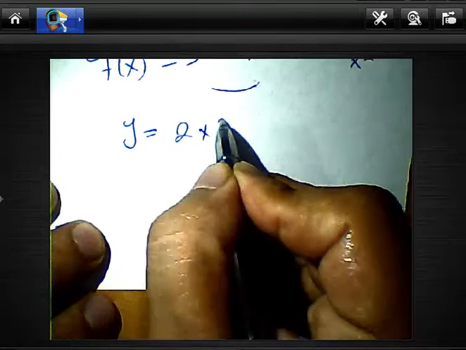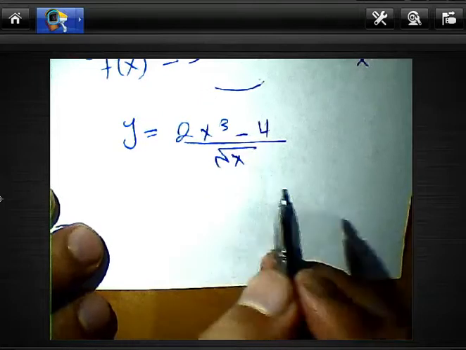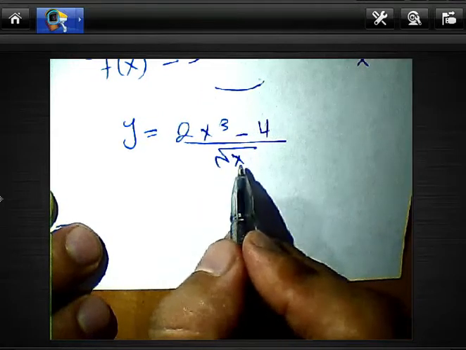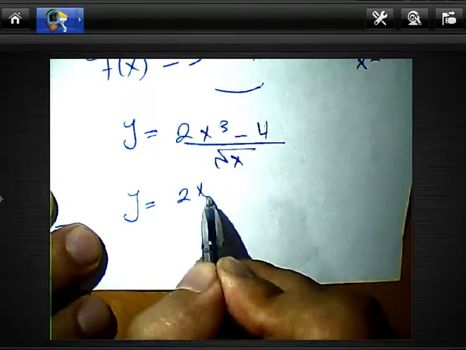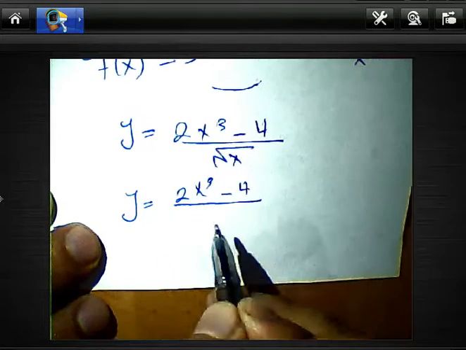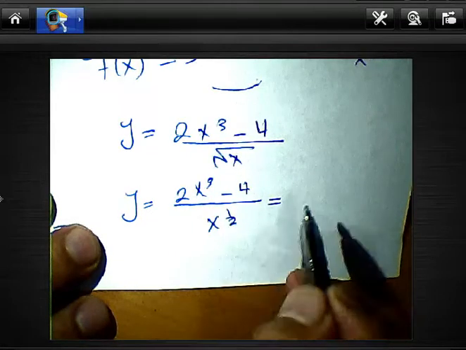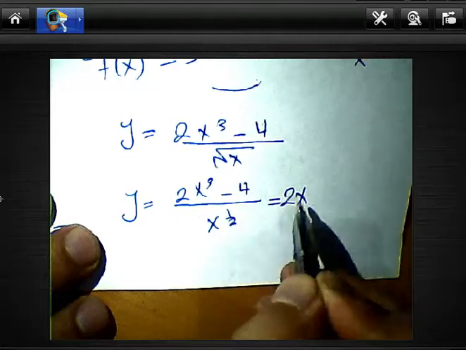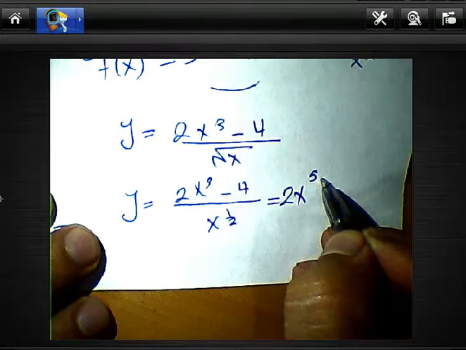Another example, look here. Y equals 2x power 3 subtract 4 over root of x. We can simplify it. You know, root x means x power half. You can write 2x power 3 subtract 4 over x power half, and you can divide this term by x power half. 2x power 3 subtract half equals 5 over 2.